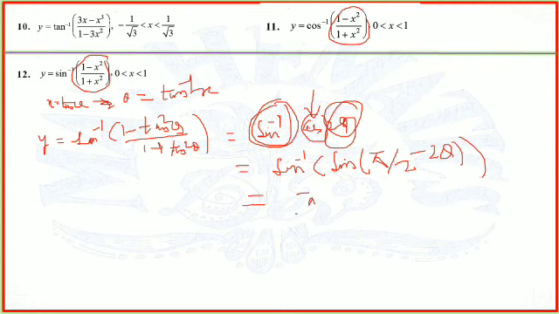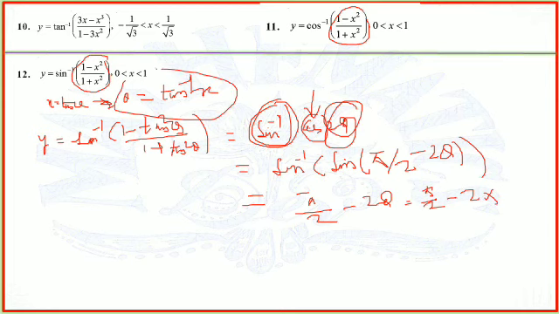So we have pi by 2 minus 2 theta, which is equal to pi by 2 minus 2 into theta. What is theta? This is theta, tan inverse x. Now differentiating, this is y.